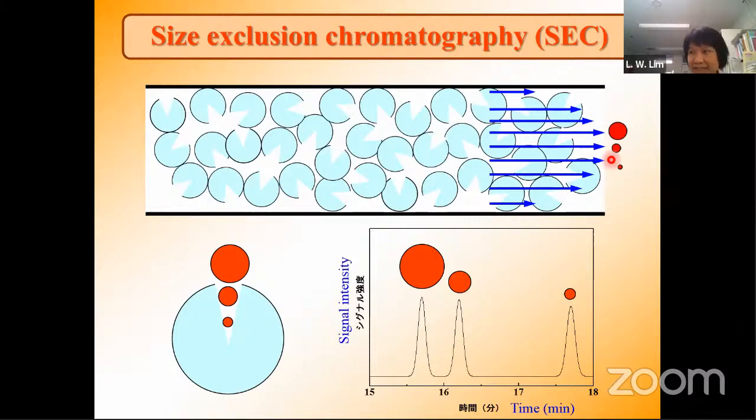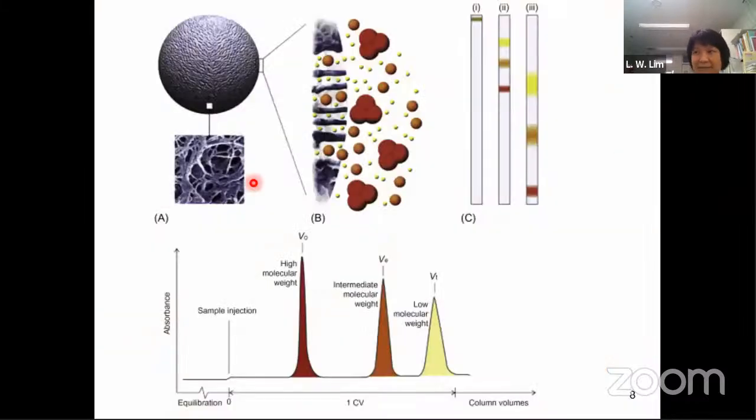I have another maybe better one from the internet. This is from one of the companies who produce porous materials like this. If you enlarge this part, you will see a lot of holes, like a spider web.